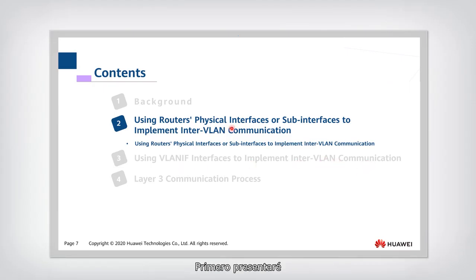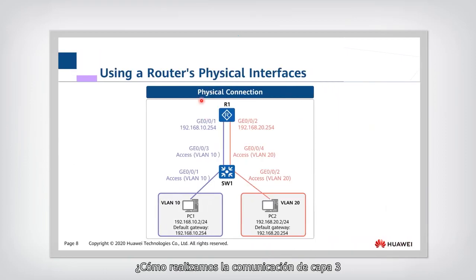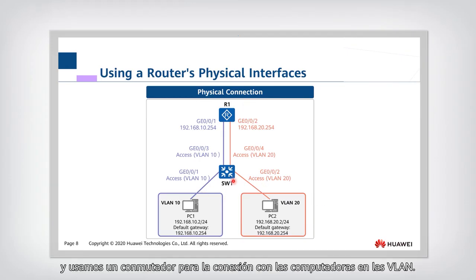So here we will first introduce physical interface inter-VLAN communication. How to do layer 3 communication using a router's physical interfaces? The network topology will be like this. We have 2 different VLANs, and we use the switch to connect the PCs in the VLANs.